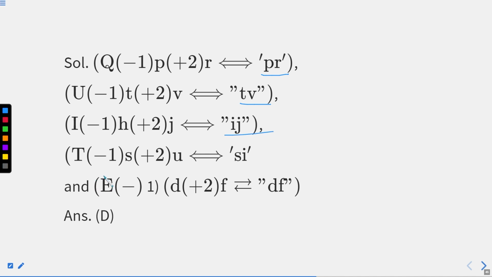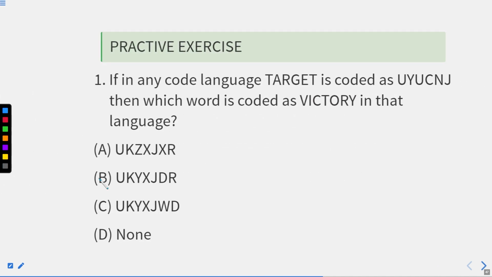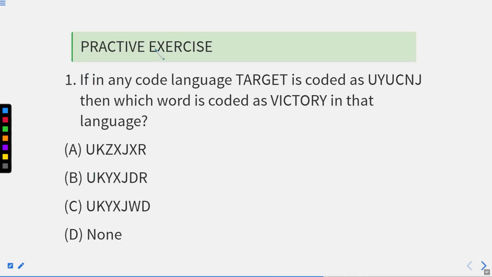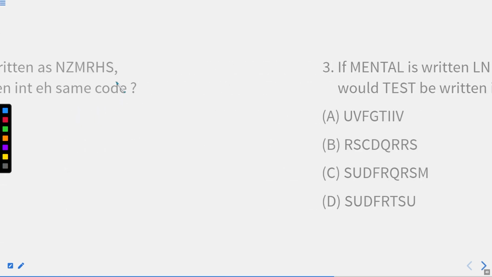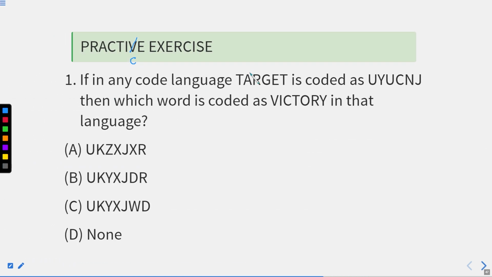I have attached practice questions with this video, under the name of practice exercise. We have multiple questions here. You are supposed to identify how the word target is associated with its coded form, and the same method will be used to code victory, and you'll eventually get your answer out of 4 options.